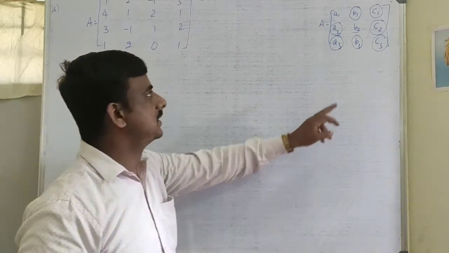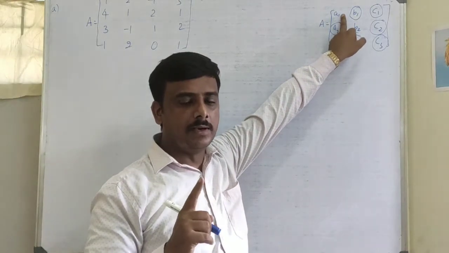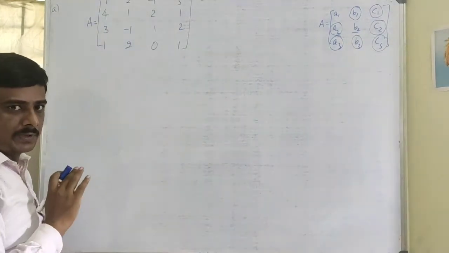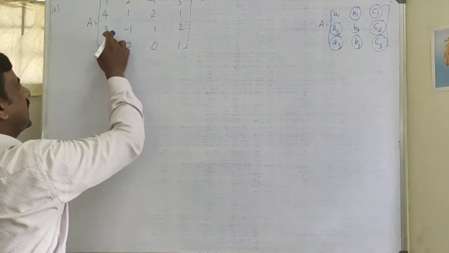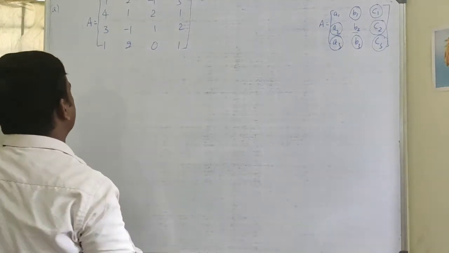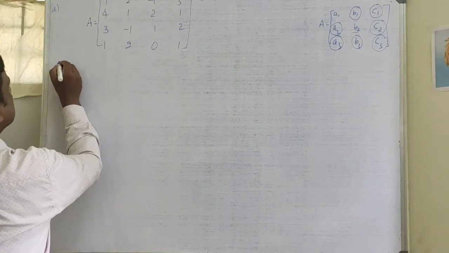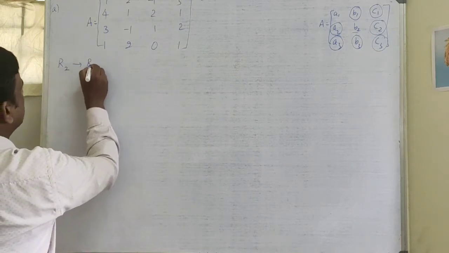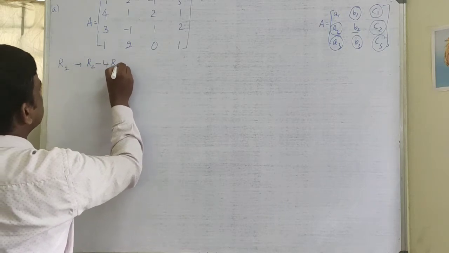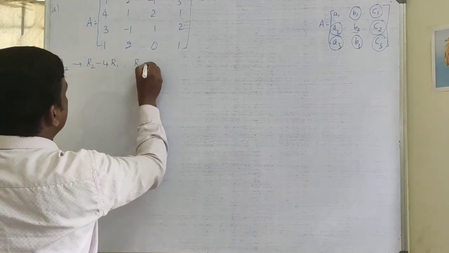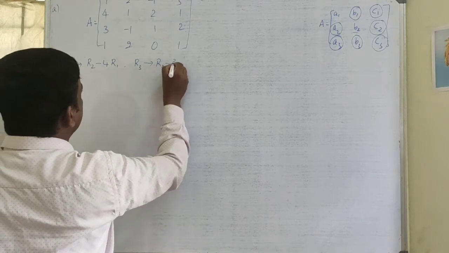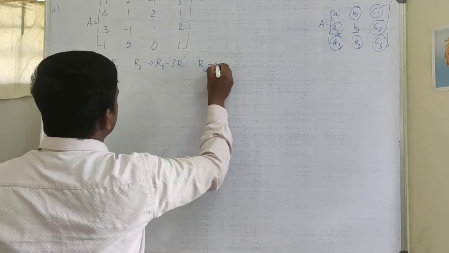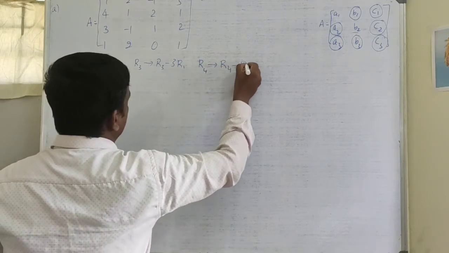Recall the procedure. First we look at the leading entry of the matrix. Here I have a11 equal to 1, so no need to worry about it. Next I have to make these 3 entries 0 by applying row operations. What are the suitable row operations? R2 changes to R2 minus 4R1, R3 changes to R3 minus 3R1, R4 changes to R4 minus R1.